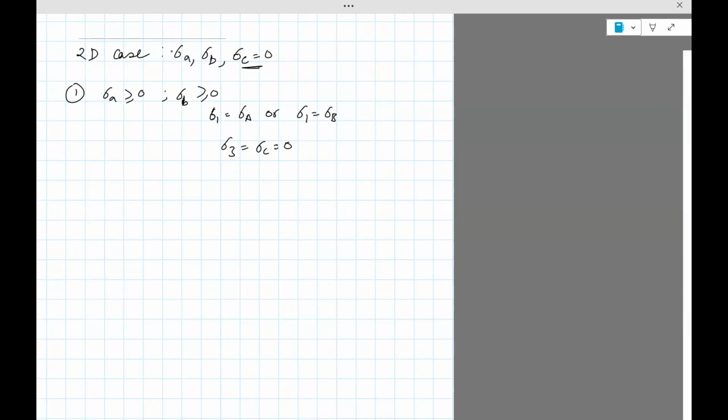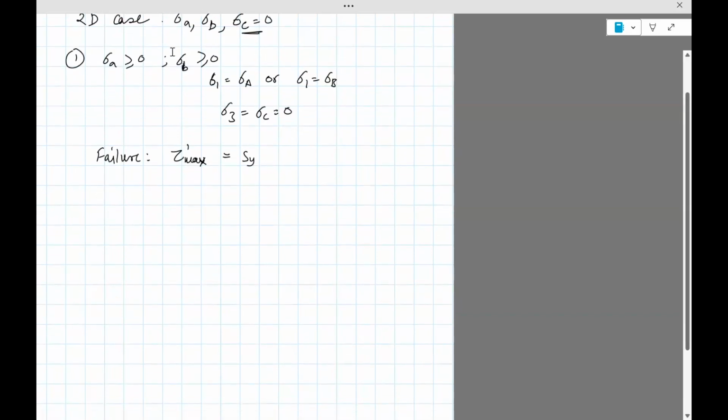Now, in this case, when you look at failure, the failure criterion is tau max is greater than or equal to sy. So let's just consider the point where failure occurs. That will be tau max equals sy. This will happen when tau max, which is sigma 1 minus sigma 3, equals sy. Sigma 1 is either sigma A, and sigma 3 is clearly 0.